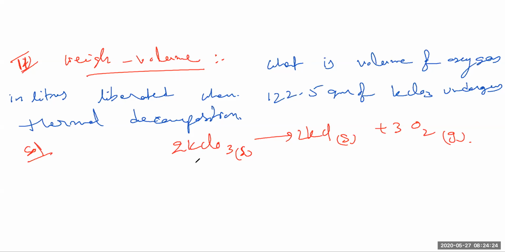Okay, this is 2 into 122.5 grams gives 3 moles of oxygen. You know, 1 mole occupies 22.4 liters at STP. GMV, gram molar volume. 3 moles of oxygen gas means 3 into 22.4 liters.